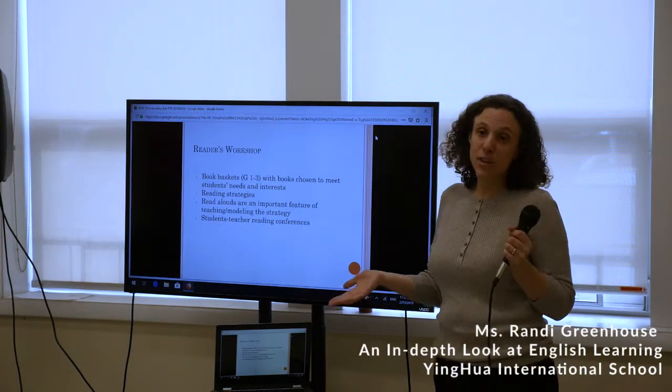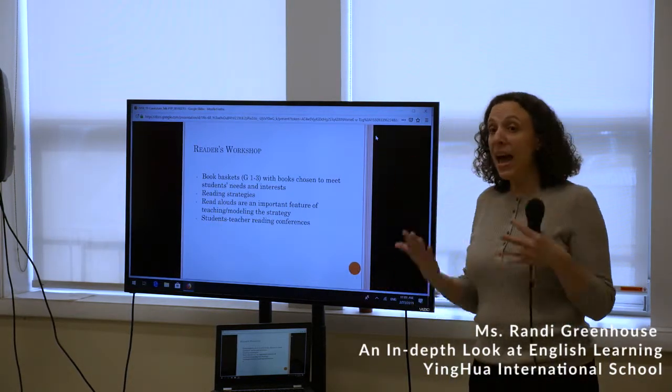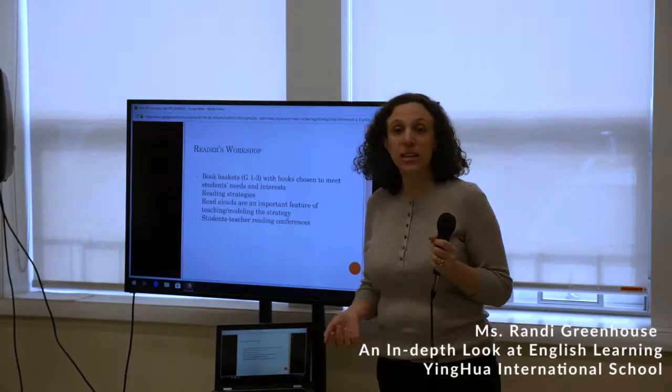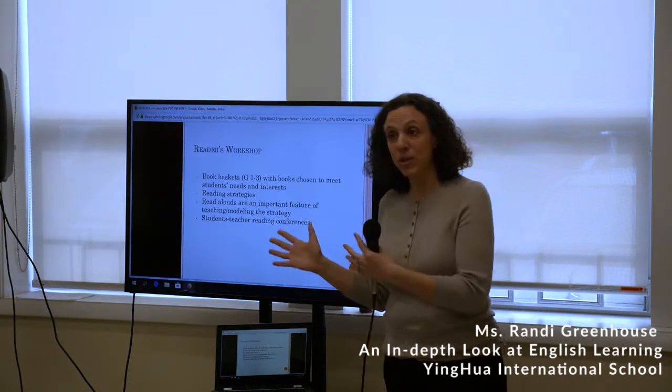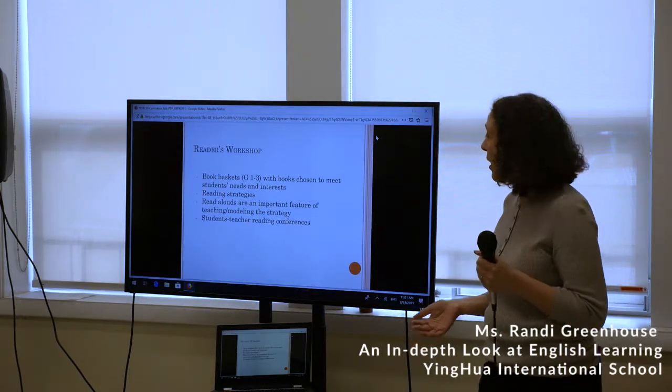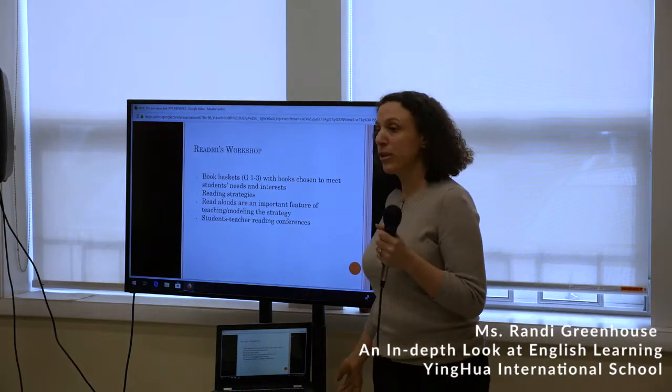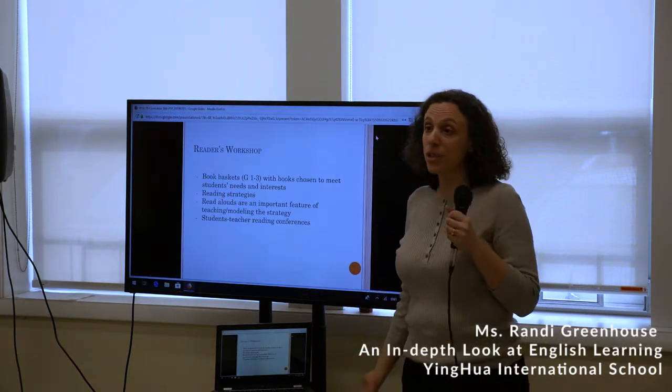And then we pull other chapter books, fiction and nonfiction, because nonfiction reading is so important these days, and is really what the public schools are focusing on a lot more. So we have a variety of those types of texts, again, at the student's level.